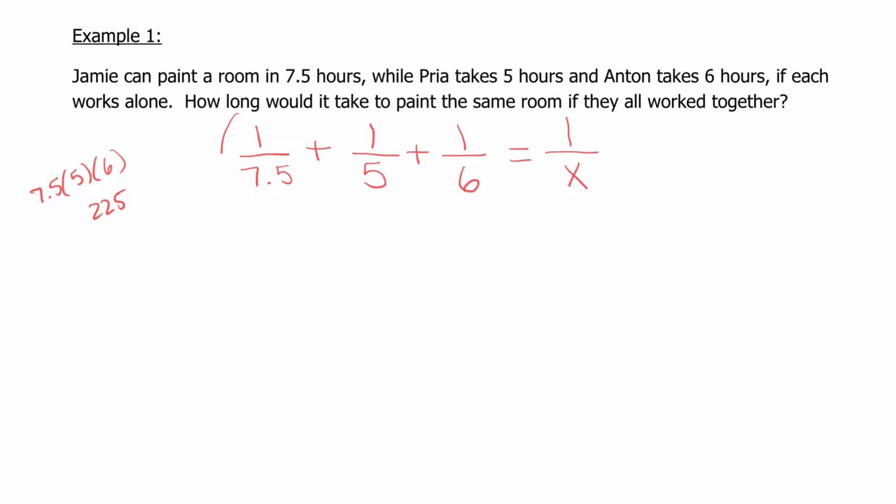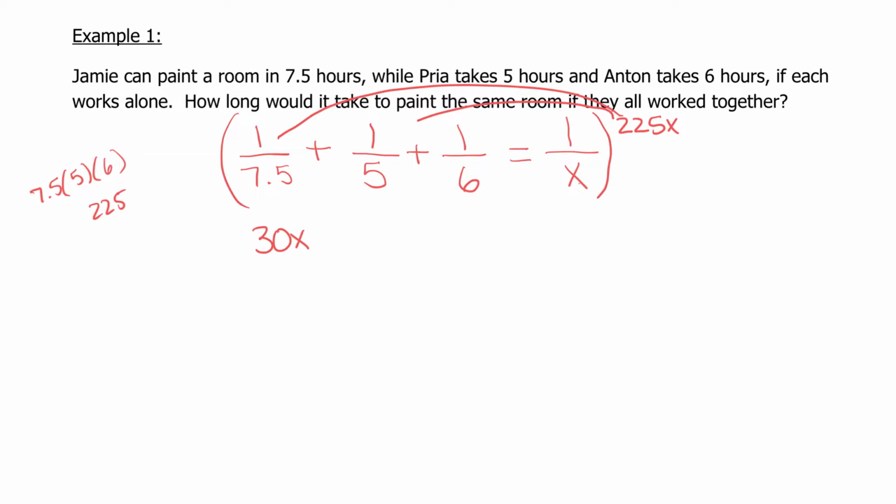So I'm going to use that as my least common denominator, but I'm also going to include that x, right? Because we need to also have that x. And so once I distribute this, I'm going to be able to divide 225 by 7.5. So this is going to give me just 30x.